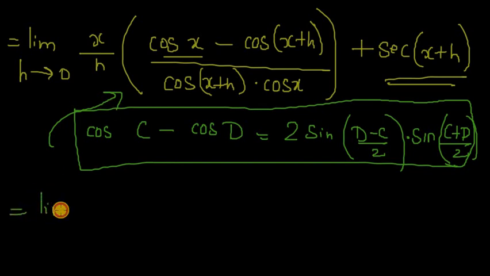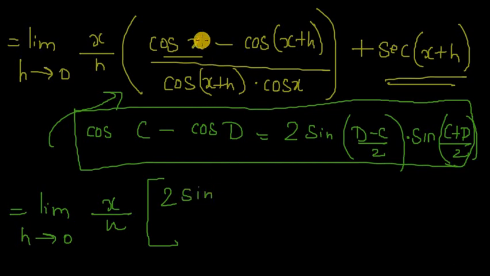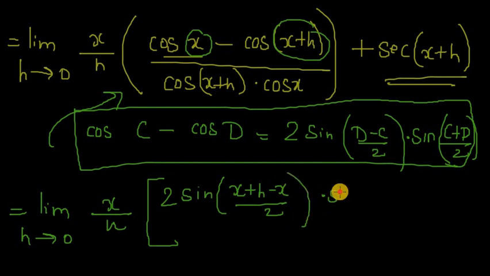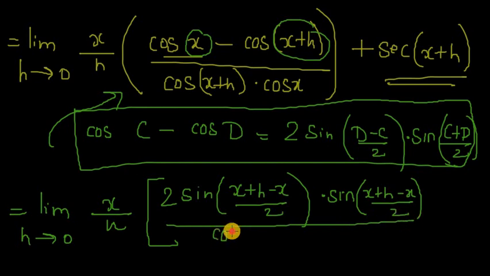Apply this formula over here. So what's my limit? Limit h tending to 0, x upon h kept aside. That will be 2 sine. Instead of c I have x, instead of d I have x plus h. It is (x plus h minus x) by 2 into sine of (x plus h plus x) by 2, whole thing divided by cos of x plus h into cos x.